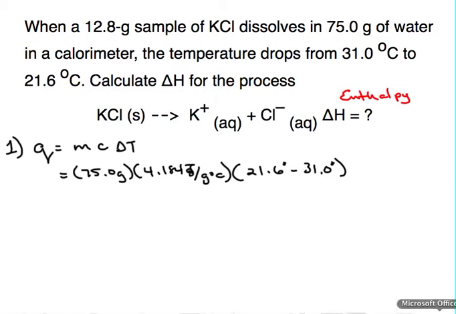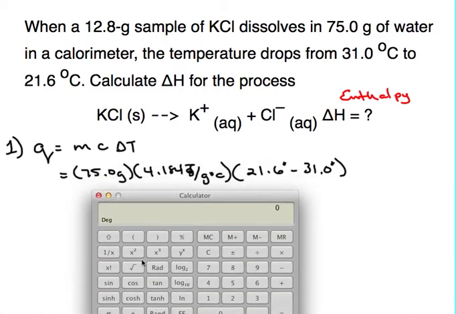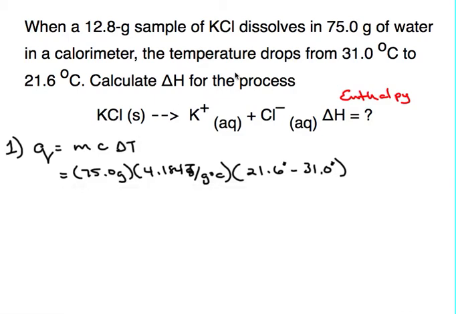I'm going to take out my calculator and go 75 multiplied by 4.184 multiplied by parentheses 21.6 subtract 31 close parentheses, equals, notice I have a minus, 2949.72. That is my amount of heat given off.